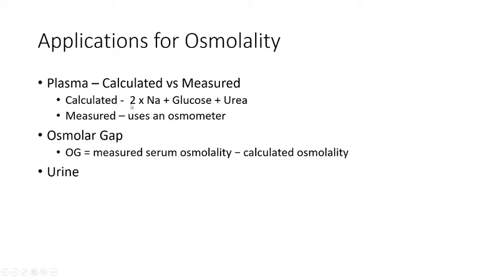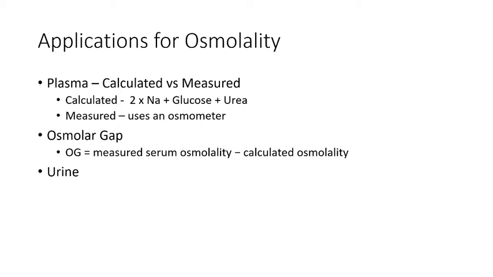The measured osmolality is when you take a sample and send it to the lab, and they use a particular test that directly measures the osmolality. It doesn't look at the ions, it looks at something called the freezing point, and can give you an exact number. Now these two numbers will be different, because our calculation is only looking at these 3 things, whereas the measured will look at everything.